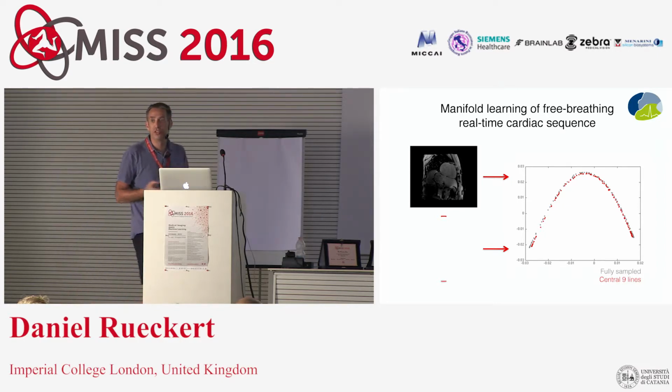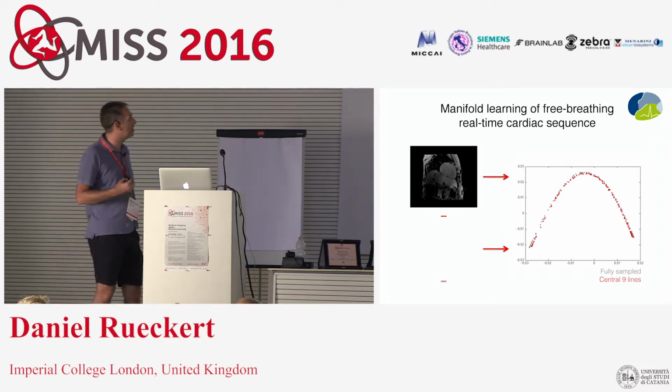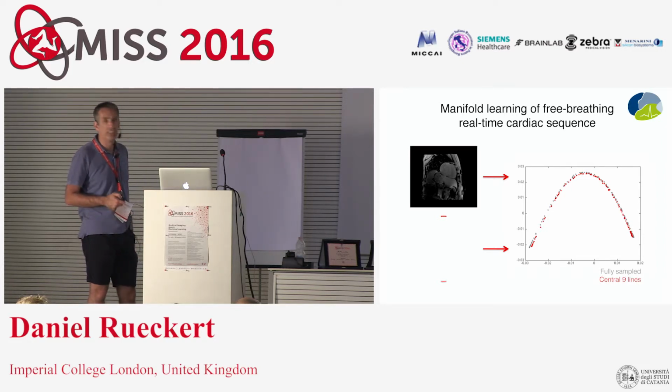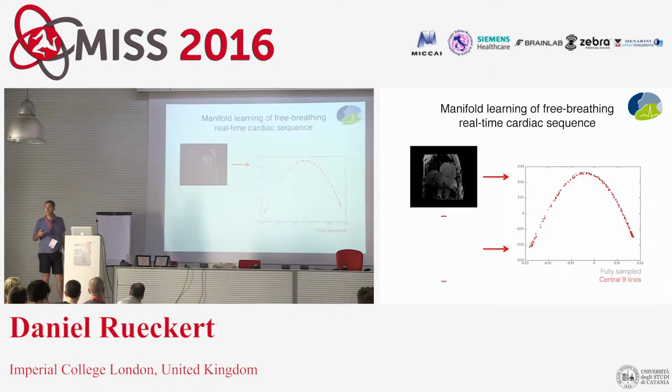And what I'm going to try to do is undersample that data set so I can acquire it quicker as before. But I'm going to learn the manifold structure of that data using this Laplacian eigenmap idea. And the manifold structure of the data is actually not learned in image space, but I'm going to go into k-space, and I'm going to learn that manifold structure of the data in k-space, okay?